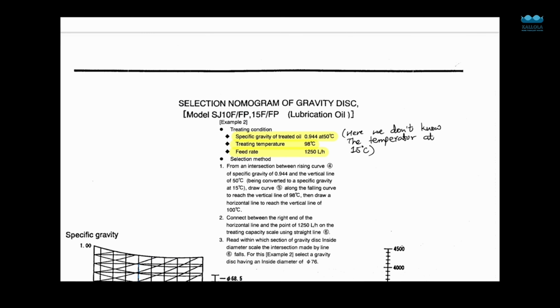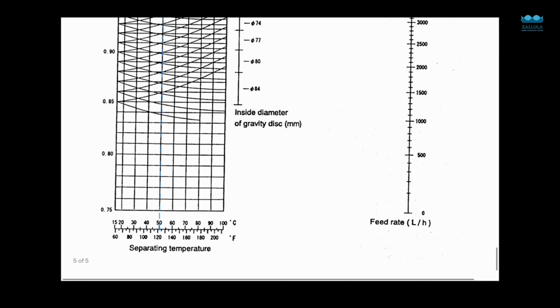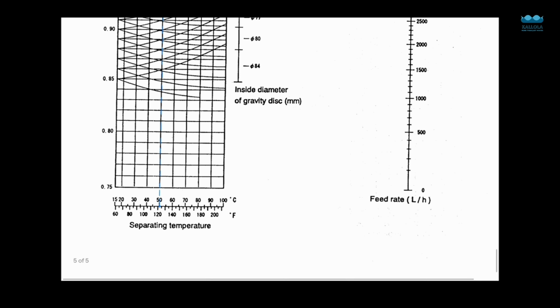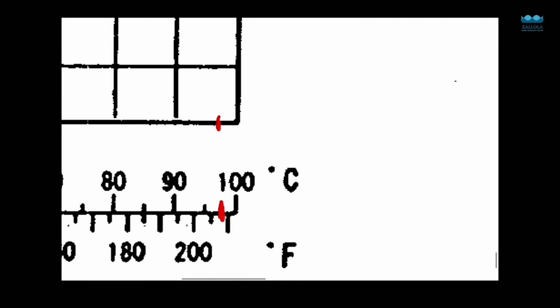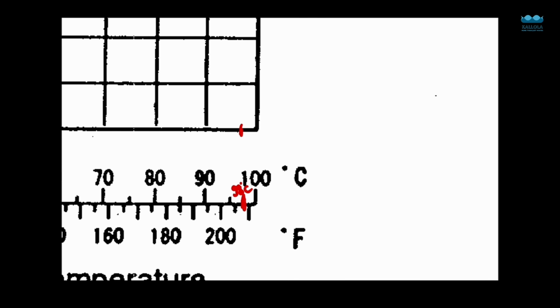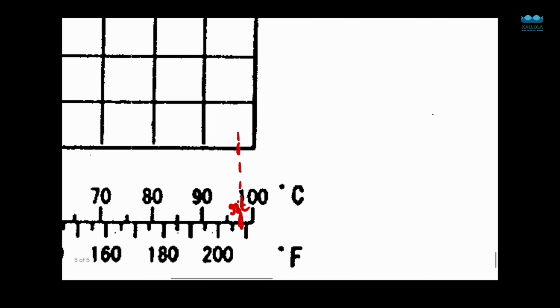Just make it intersect. Now we have to check the fuel treating temperature, which is 98 degrees Celsius. For 98 degrees Celsius, we will be plotting a vertical dotted line like this.